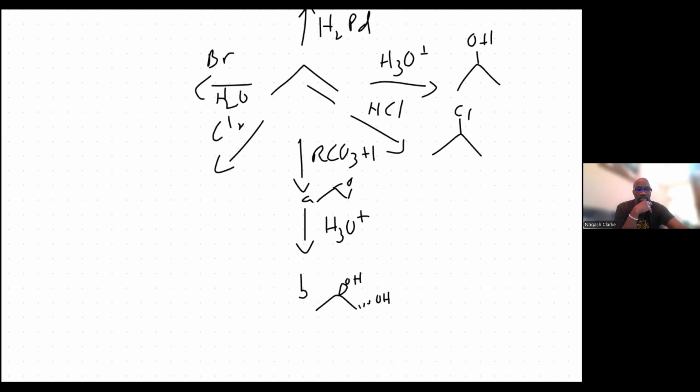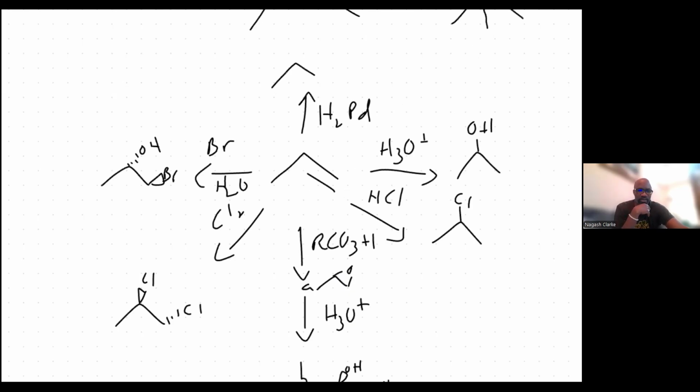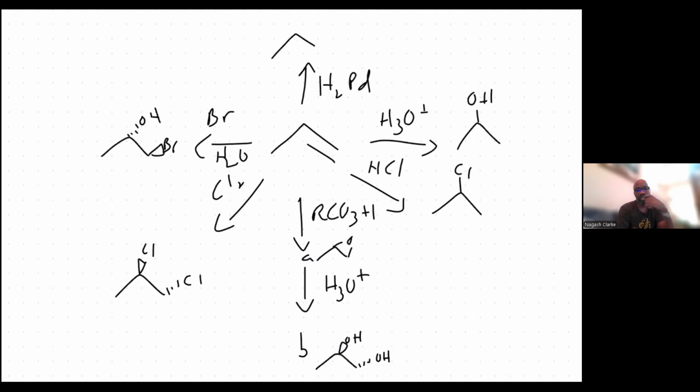And this is gonna give me an anti-chlorine addition. This is gonna give me a halohydrin with the OH on the more substituted carbon. All right. So I'm just filling this out. And there's more. I didn't do ozonolysis or a syn addition, but you get the idea.